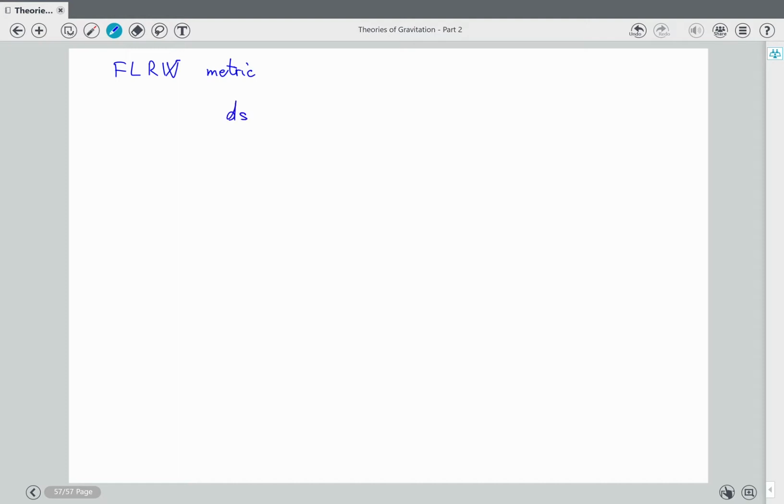So this metric depends on just one function, and that function is only a function of time.